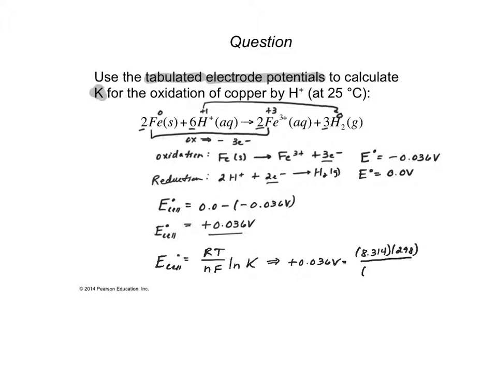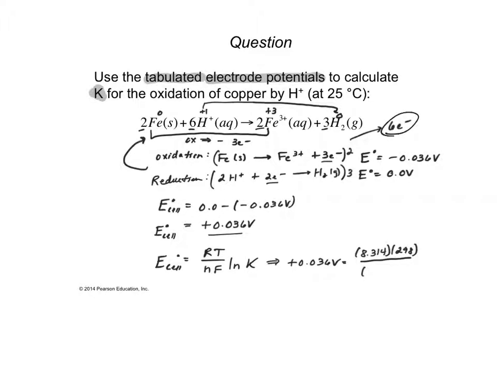Here is, now this is the trick, right? So n has been this number of electrons transferred, but again, that's for the overall balanced reaction, right? So when they balance this, they multiplied this guy again by 2 and this guy again by 3 to make the total number of electrons transferred for both processes 6 overall to add them. So n here is 6.